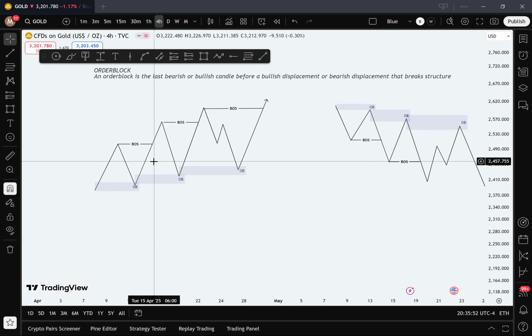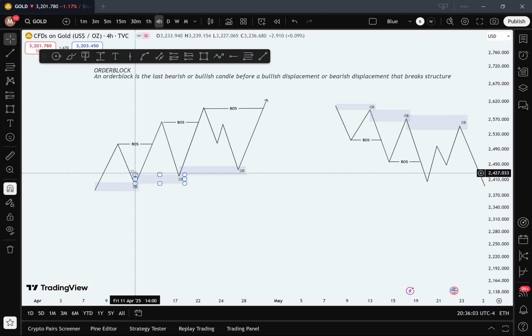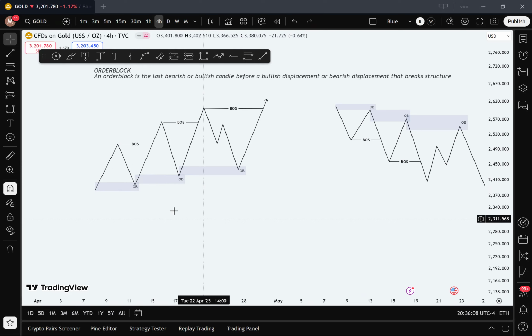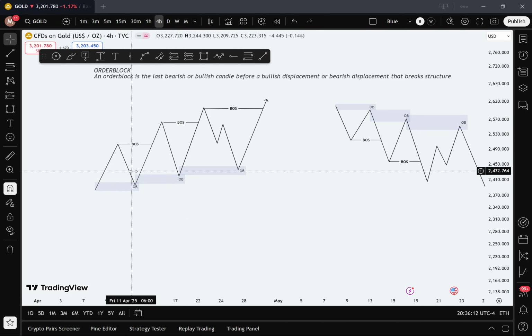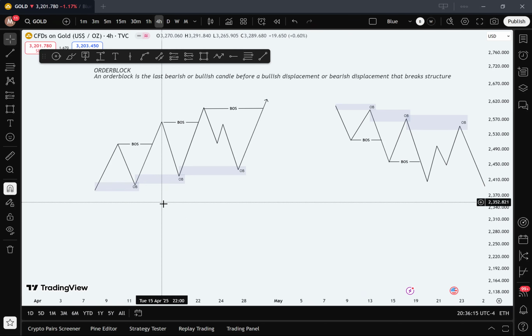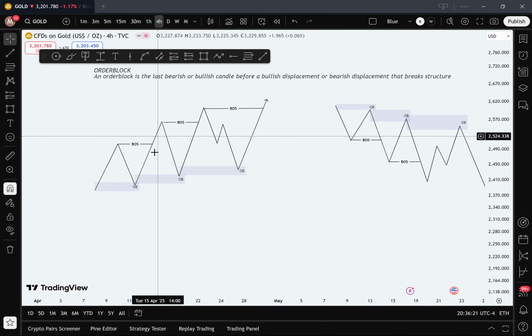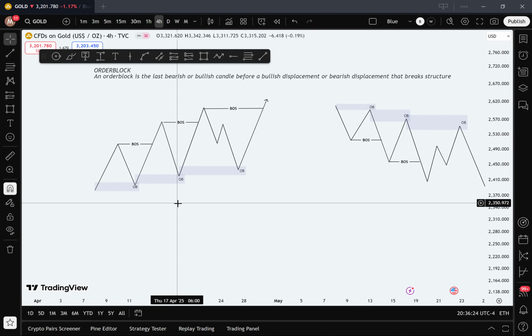So when there is a bullish order block, it is a bearish candle, a candle that genuinely is moving downward. It's mostly found in the retracement leg, but that doesn't mean you can't find it in the impulsive leg too.